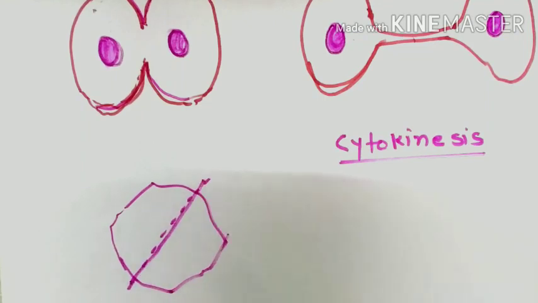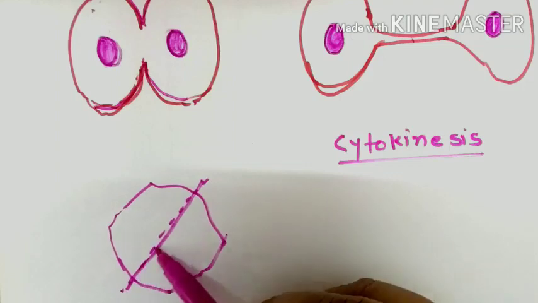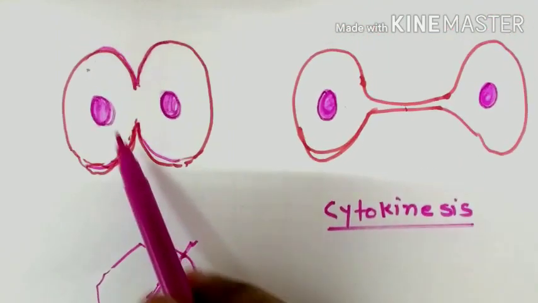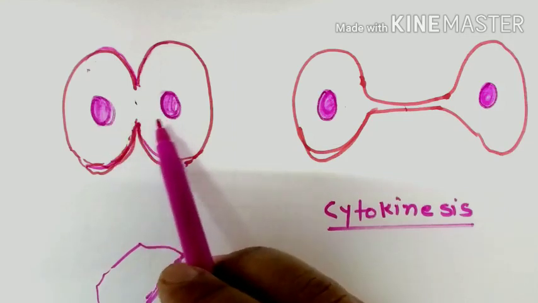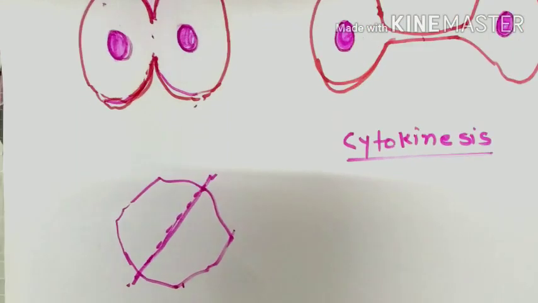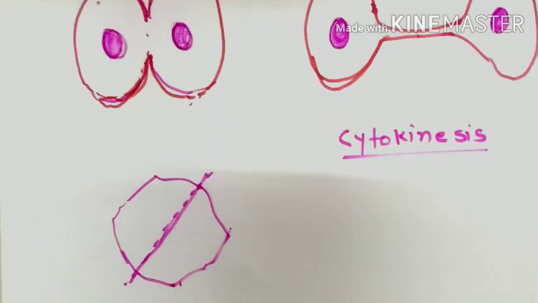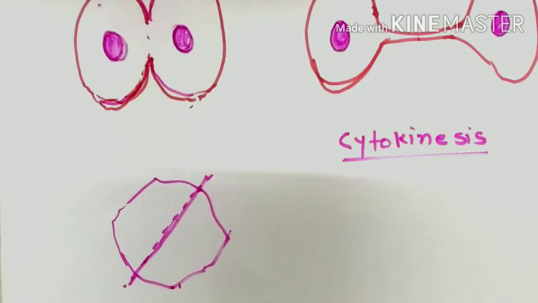This is called the plate. In the case of a plant cell, the cytoplasm divides by forming a plate. And in the case of an animal cell, a notch or a groove is formed to divide the cytoplasm. Here ends the cytokinesis.